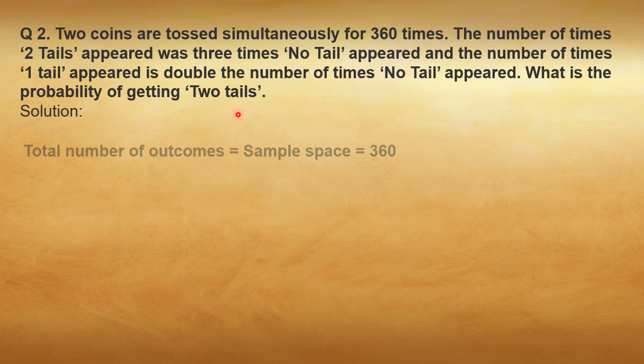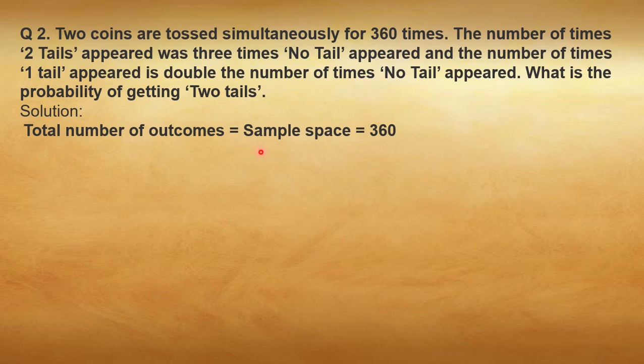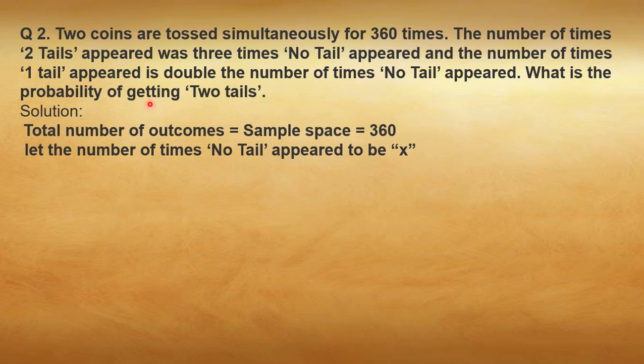So here we are given the total number of outcomes, that is the sample space, as 360. Now the number of times 2 tails appeared was 3 times the number of times no tail appeared, correct? So let the number of times no tail appeared be x. Then the number of times 2 tails appeared is 3x.